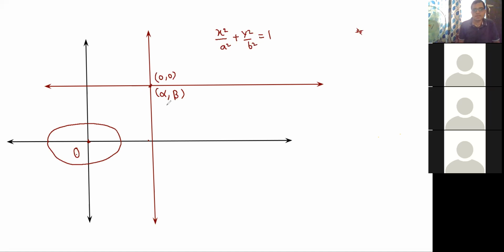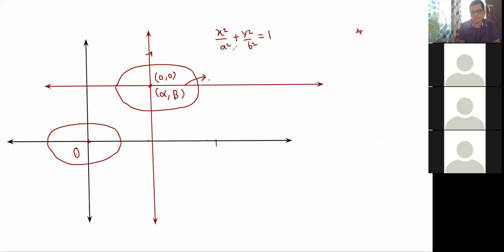Okay, and if it is shifted here, if you have to find the equation of the ellipse at this point with alpha comma beta as a center, but the axis should be parallel. Major axis should be parallel to x axis or y axis, and minor axis should be parallel. So this is the condition, axis should be parallel to the original axis.